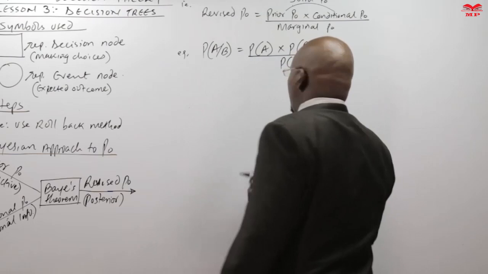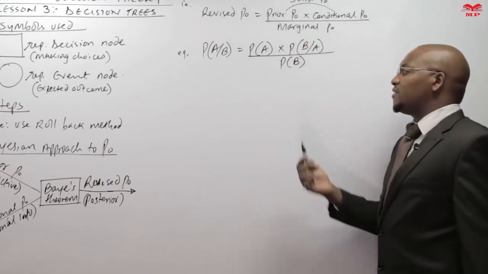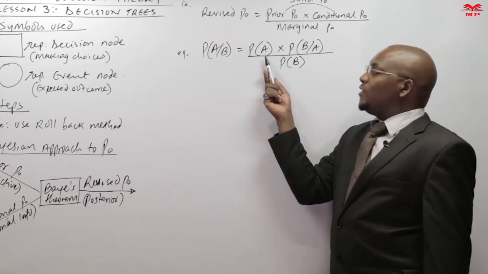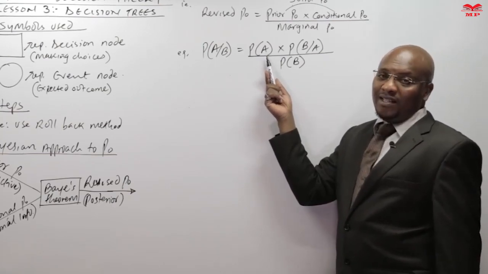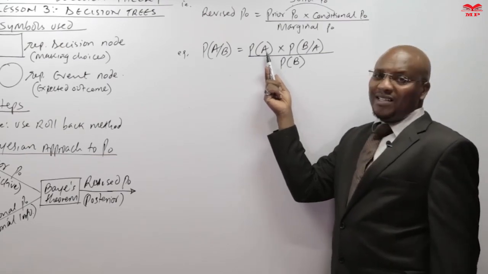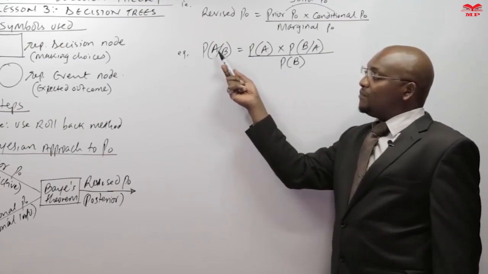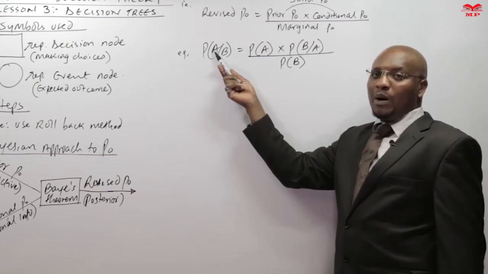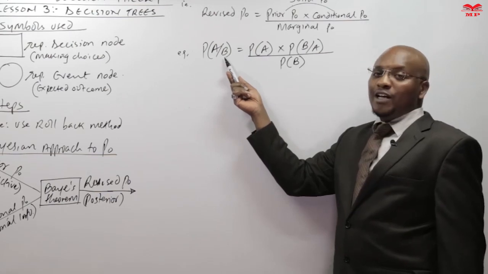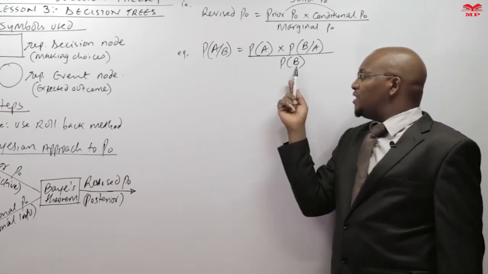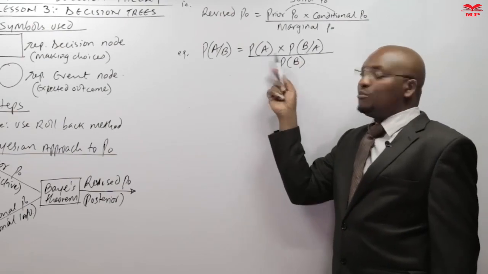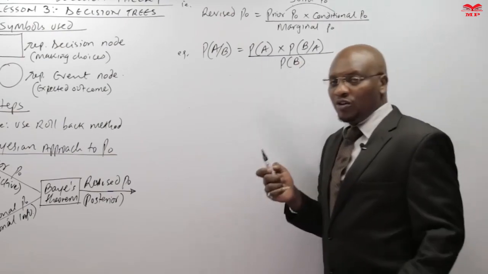Now look at this. This being my example, it's very simple to understand. This is the prior probability. Now this is the one that you are revising, since now you have some information. And therefore, as much as it is probability of A, the revised must also be probability of A, given the information that we have gotten. So the information in this case is this B. You can get information concerning different positions.